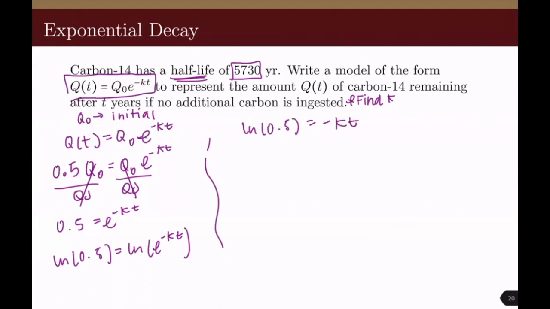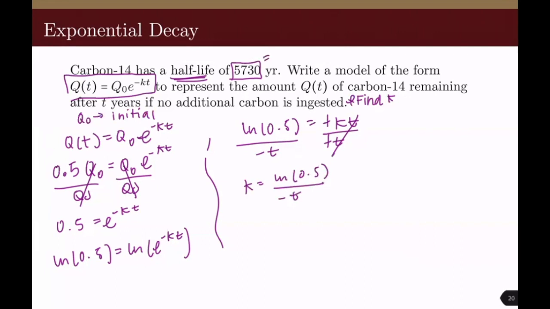And I'm solving for k, don't forget. So I'm going to divide by the negative t. Essentially, I need to divide by a negative and I need to get rid of the t, so it's kind of two birds, one stone. So that means k equals ln of 0.5 divided by negative t.